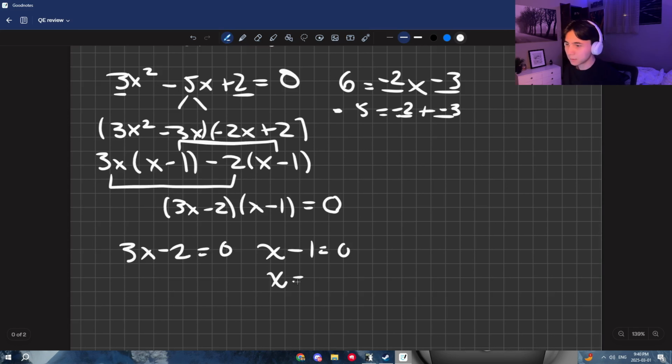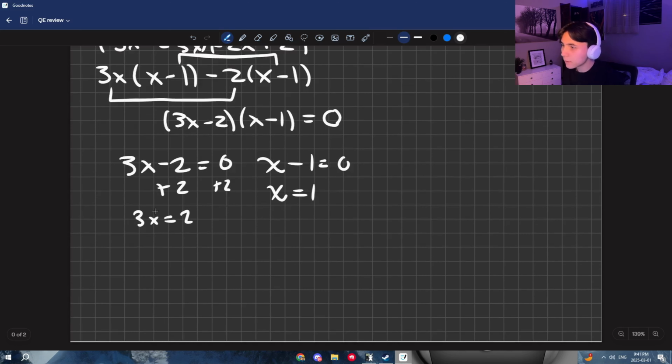We get x is equal to 1, and for the other one we add 2 to both sides, and then you get 3x equals 2. Then you just divide by 3 and you get x is equal to 2 over 3.